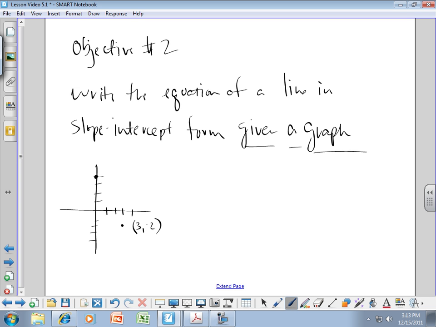Okay, so anytime you're given a graph, all right, I know I didn't hit the dot, but that's okay. What would this point be here? Wouldn't it be 0, 4? Yeah. Anytime you're given a graph, you need to find 2 points on that line. If you have 2 points on that line, then you can figure, that's right, the slope.